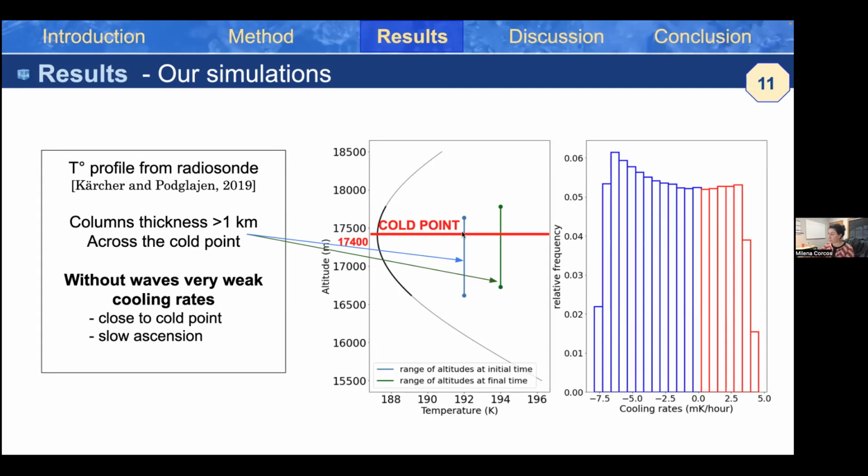It's crossing the cold point. And during the 72 hours of simulation, it is lifted by around 100 meters. In the simulation without the waves, the generated cooling rates are very small, of around 4 millikelvins per hour. And we can explain that by the very slow ascent and a domain that is close to the cold point.